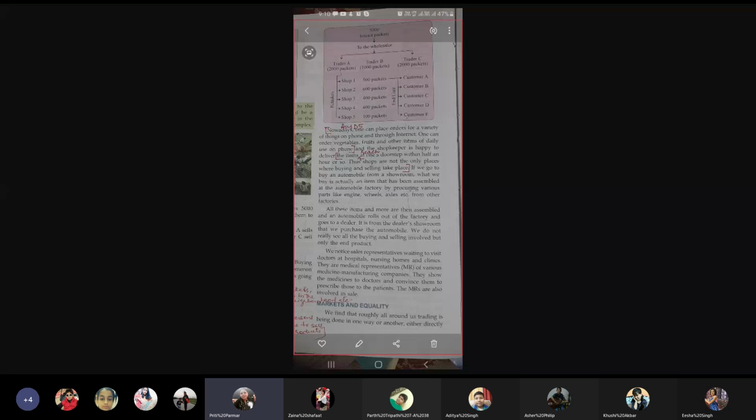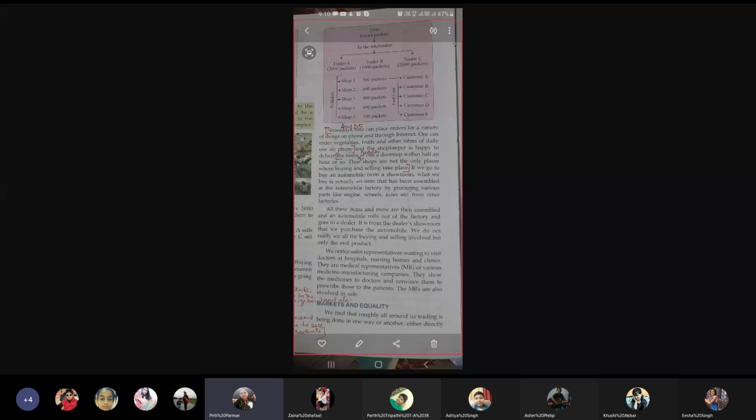But the parts like the engines, the axles, the wheels, the tires, all these other subparts are made and manufactured at different companies, different factories, and then they assemble it in the automobile factory and make a car out of it, and then you go to a retailer and you buy it from there.